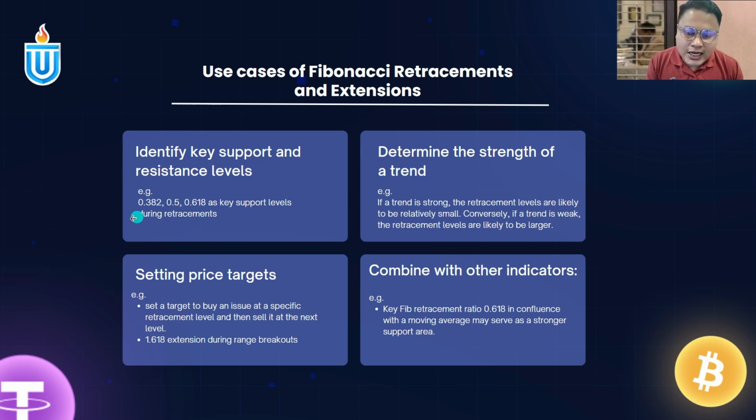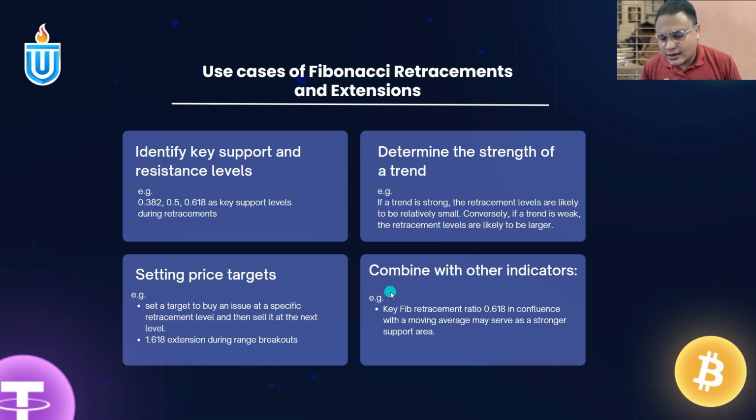So, usually, ginagamit yung 0.382, 0.5, and 0.618 as key support levels when anticipating during retracements, no? Yun. Next is yung determining the strength of a trend. So, usually, ginagamit yung retracement levels para mag-gauge if malakas ba yung trend or hindi. So, kapag yung retracement level is relatively small, malakas yung trend. And pag masyadong malakas naman yung retracement, usually, yung perceived trend strength is weak.